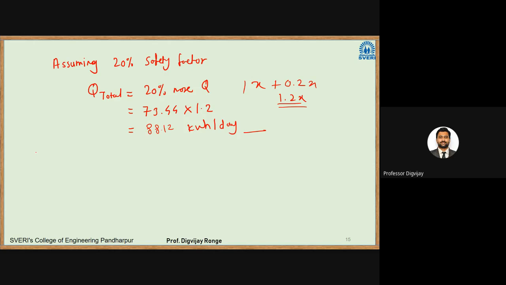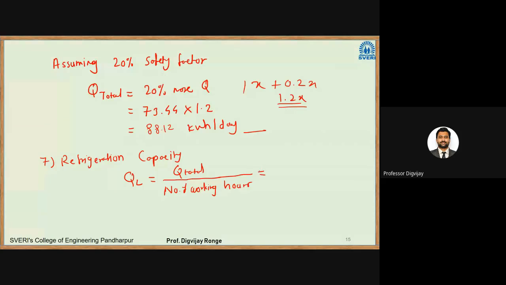Now I have to calculate the refrigeration capacity. So refrigeration capacity, I can give it as QL is equal to Q total divided by number of working hours. So in this case, number of working hours are 14 hours. We have assumed that this cold room will work for only 14 hours.